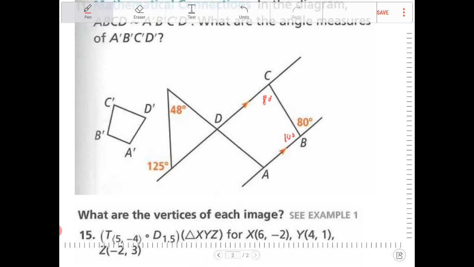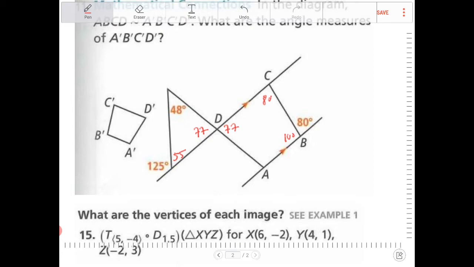And if that's 48 over there, then that means this is 65, no, 55. 55 plus 48, we end up with 103. Then that would be 77. And then this would be 77.